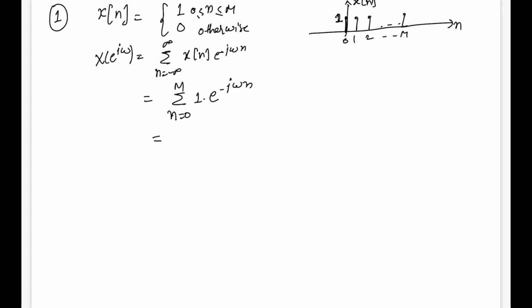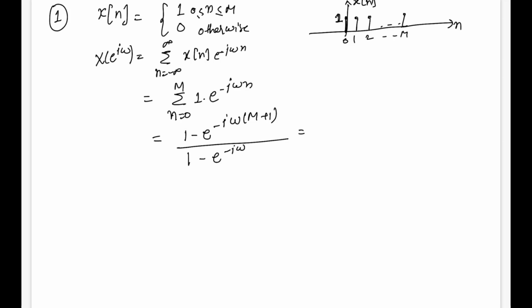So its summation we can write as (1 minus e to the power minus j omega (M plus 1)) divided by (1 minus e to the power minus j omega), the basic formula for the sum of a geometric progression.